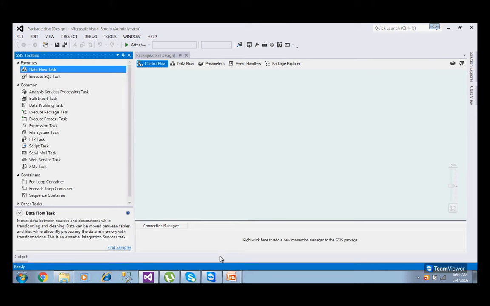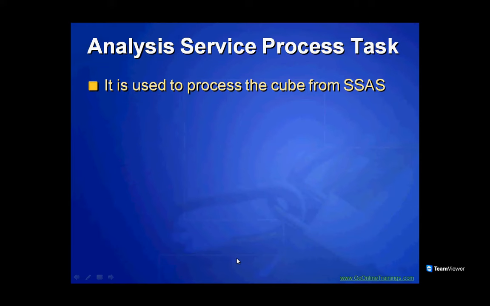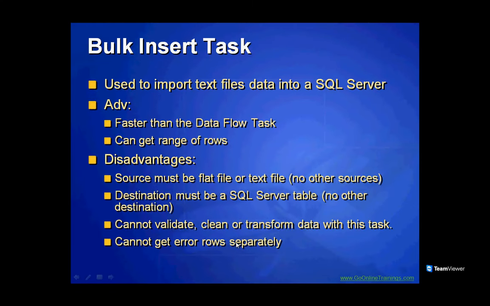Then the next one is the bulk insert task. Let us understand what a bulk insert task is. It is used to import text file data into SQL Server tables. When you have lots of text files or flat files, and you want to dump that data into SQL Server. The advantage is that it is much faster than the data flow task, and it can get a range of rows.